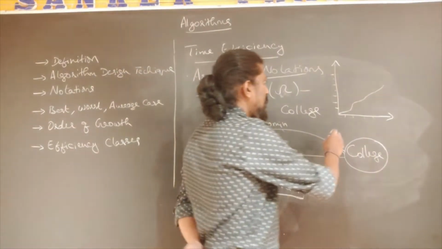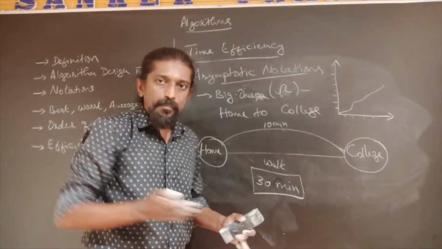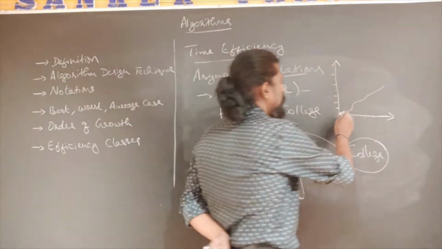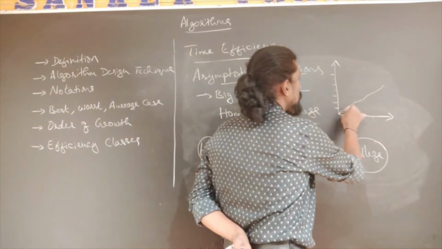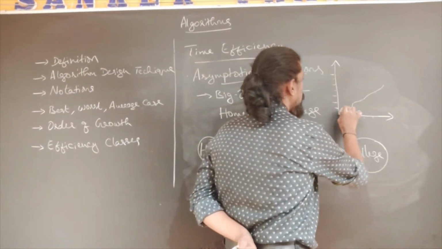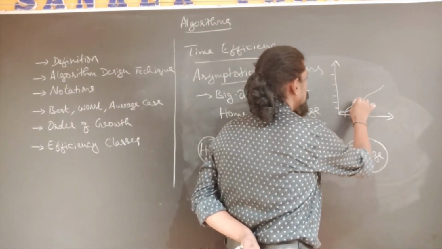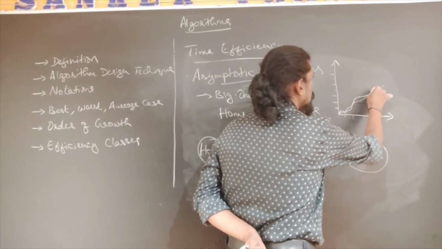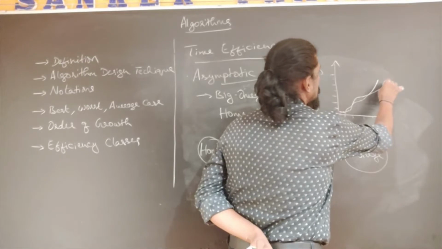So there is a bound from below, a lower bound. It means that to reach the college you will require a time of at least 30 minutes, or greater than that, but not less than that.